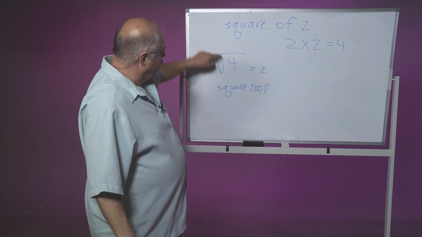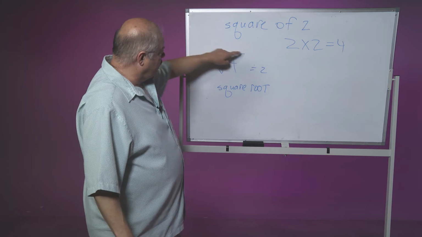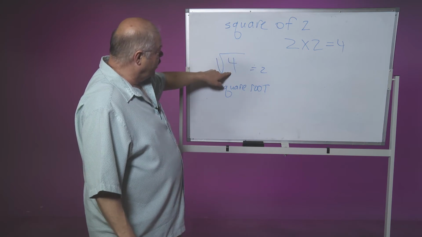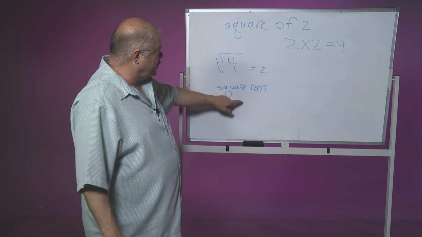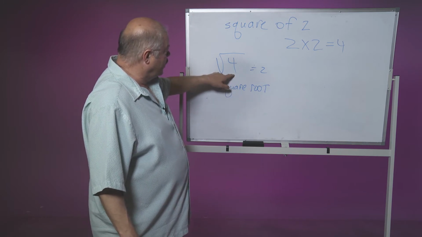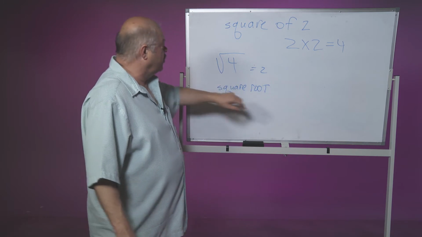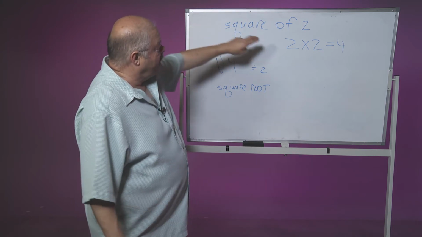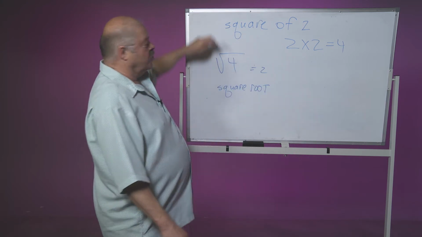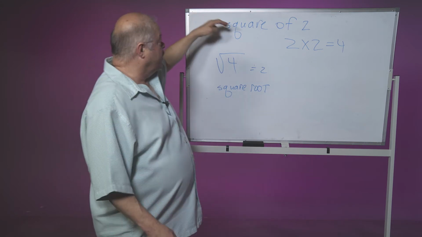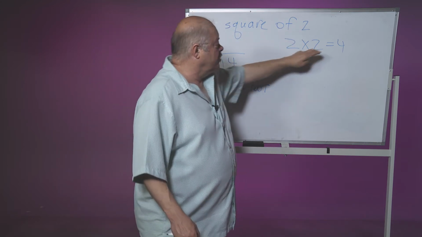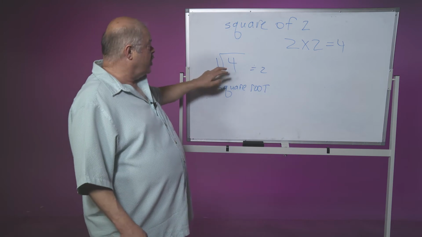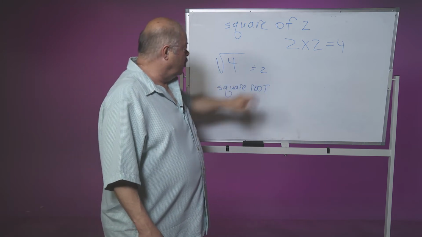So when they're asking the square root, they're giving you this symbol with a number in it, and they're saying what number times itself is that number underneath. That's the square root. The square of 2 is that number times itself. So notice the difference. The square of 2, 2 times 2, is 4. The square root of 4 is 2.